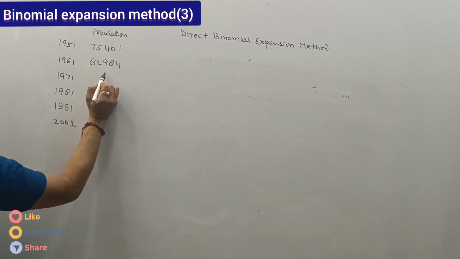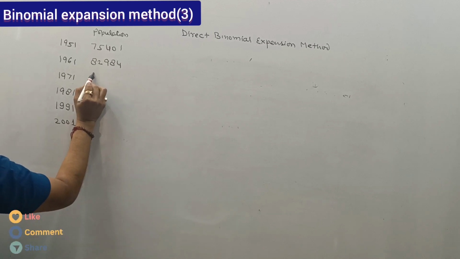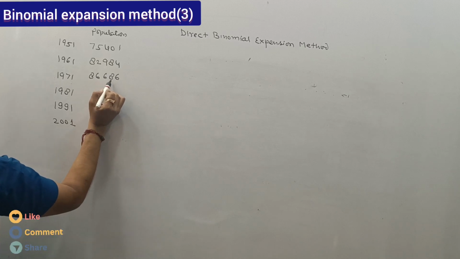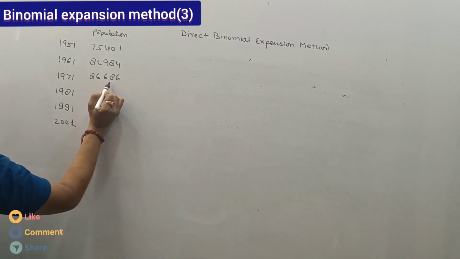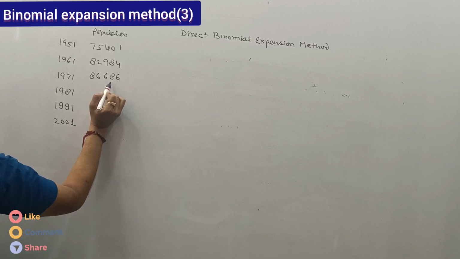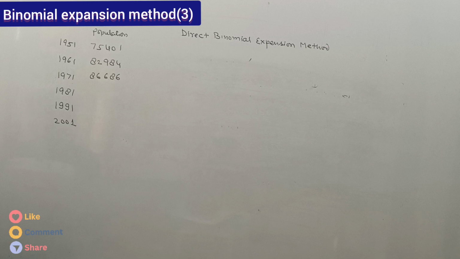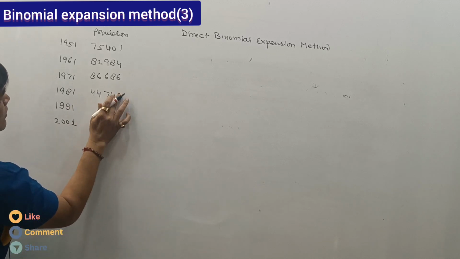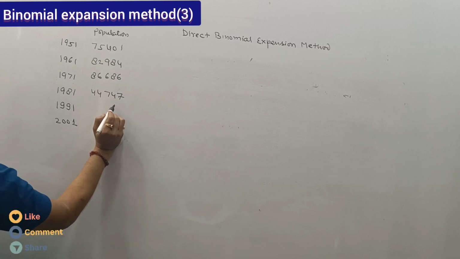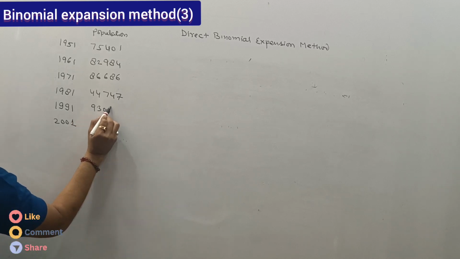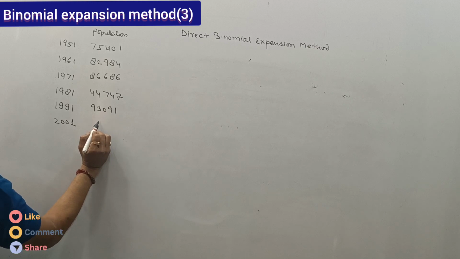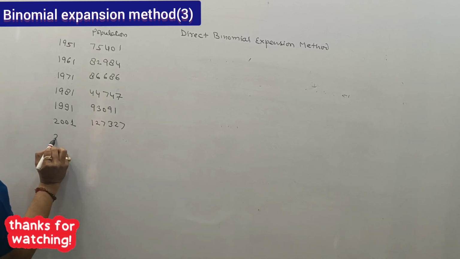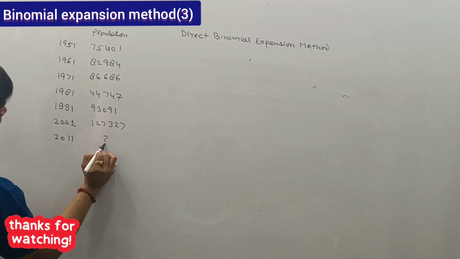The third value is given, 86686, 44947, 93091, 127327, and we are to predict for 2011.